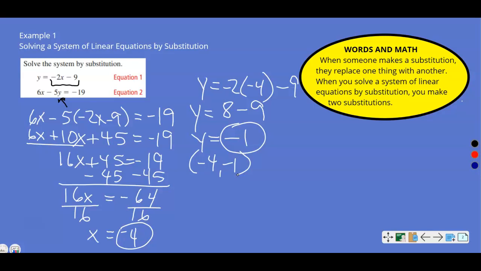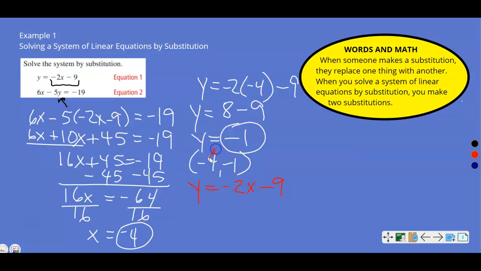And just like with graphing, we need to check our solution by substituting it into both equations to make sure it works. So let me change colors here just to show that it is what we're doing to check it. All right, so equation 1 says y equals negative 2x minus 9. All right, so we're going to substitute.